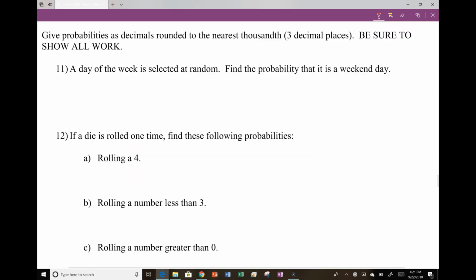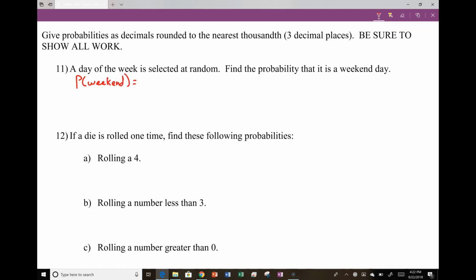So let's look at number 11. Give probabilities as decimals rounded to the nearest thousandth, 3 decimal places. Be sure to show all your work. A day of the week is selected at random. Find the probability it is a weekend day. So we want the probability that it's a weekend.